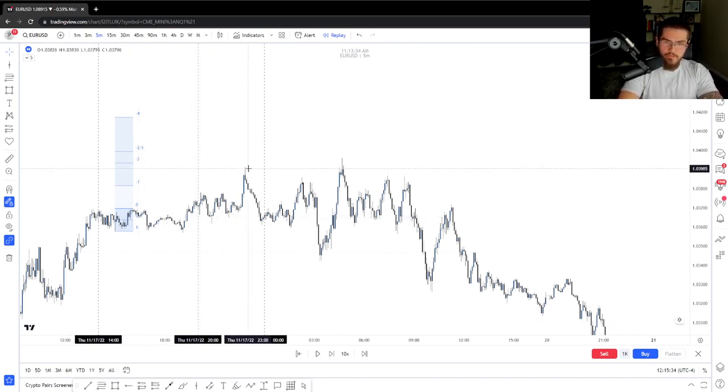So what we're going to want to do is map out the Asian range liquidity, right? This is where bias comes into play and is very important. There's oftentimes going to be two setups, right? So here's the low. We'll just mark the low right here. Mark the high.